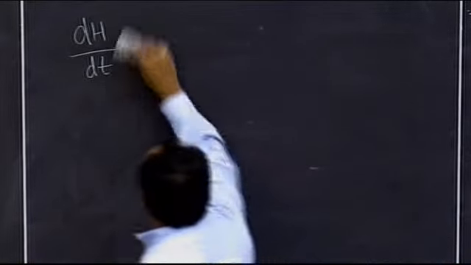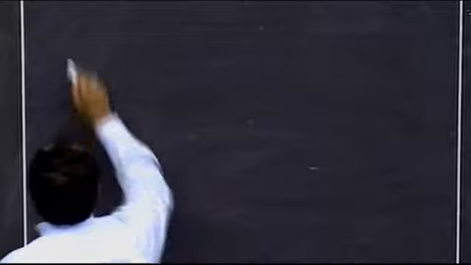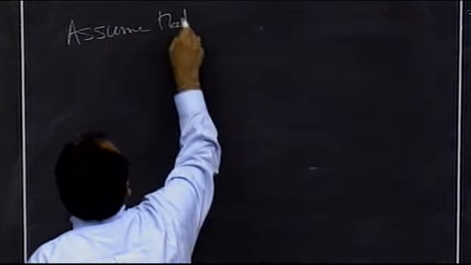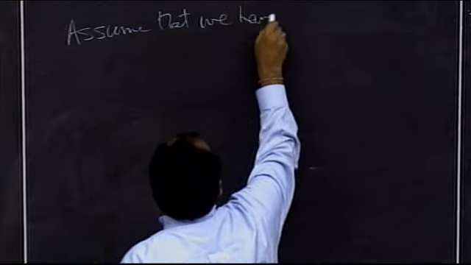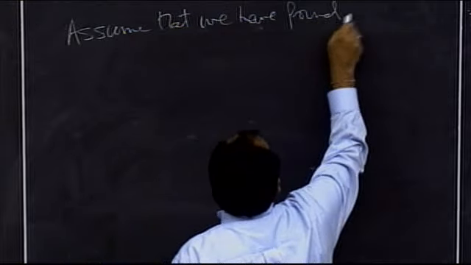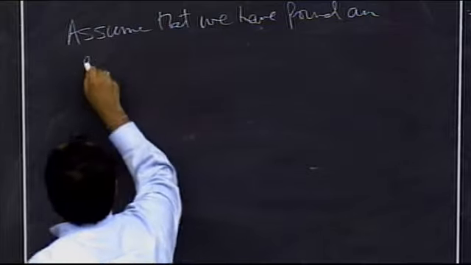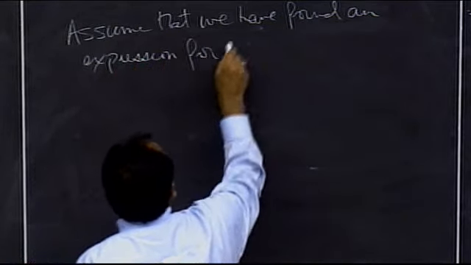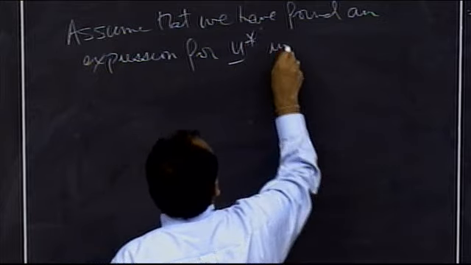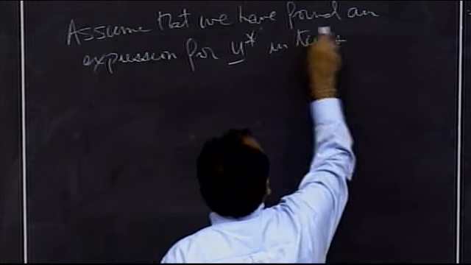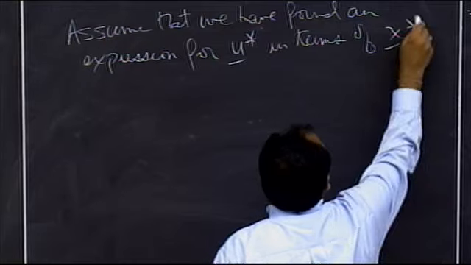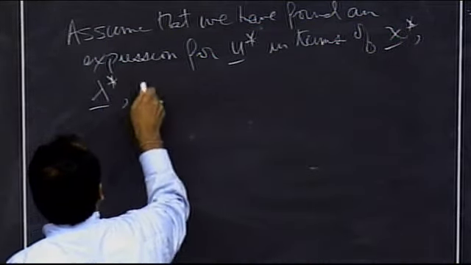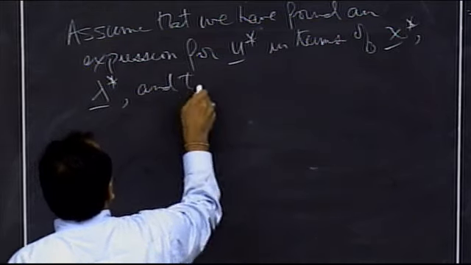So assume that we have found an expression for u star in terms of x star, lambda star, and t.